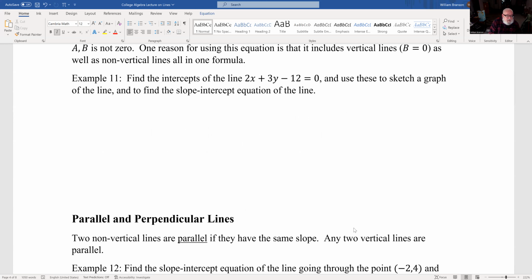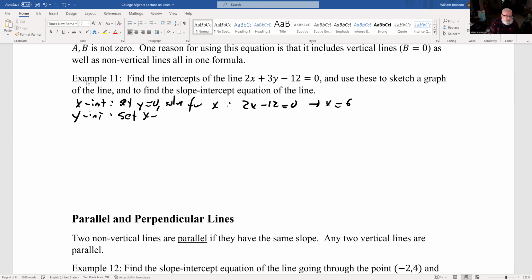So what's the x-intercept of this line? Set y equal to 0. Solve for x. That gives me 2x minus 12 equals 0. x equals 6. What's the y-intercept? Set x equals 0, solve for y.